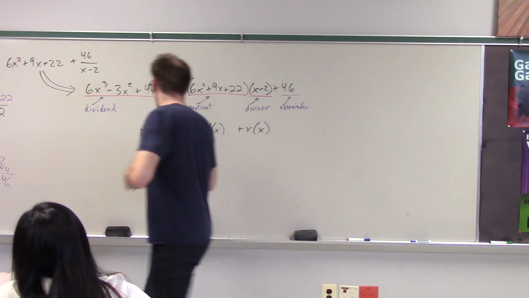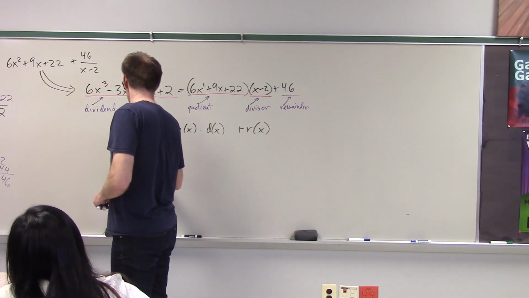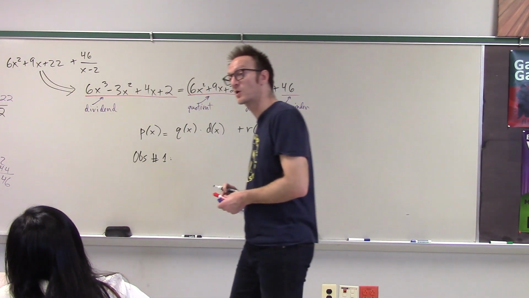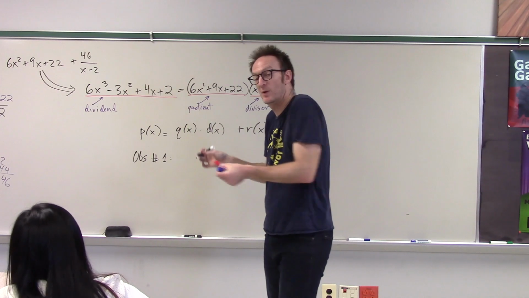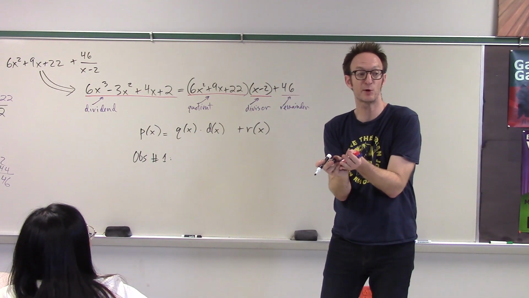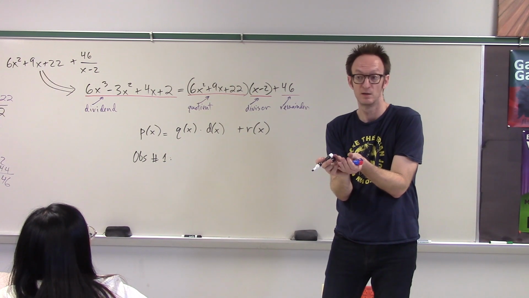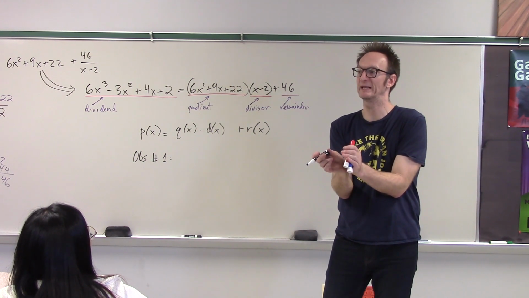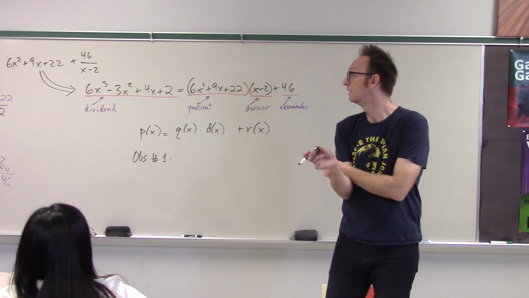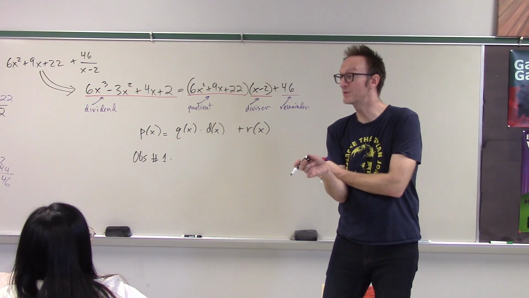Okay, so one observation, last chance, otherwise I'll just say it. What happens to two polynomials when you multiply them together? What can you say about the degree? It increases. Well, even more specifically, it's the sum of the degrees.